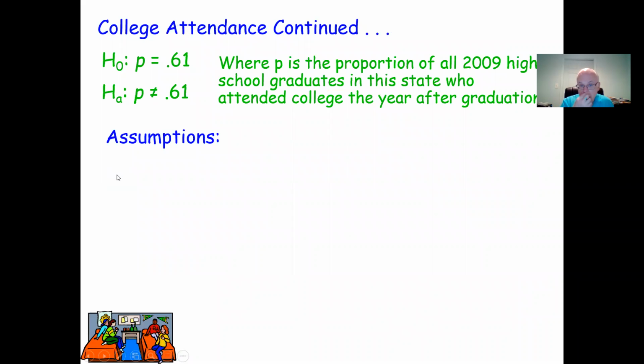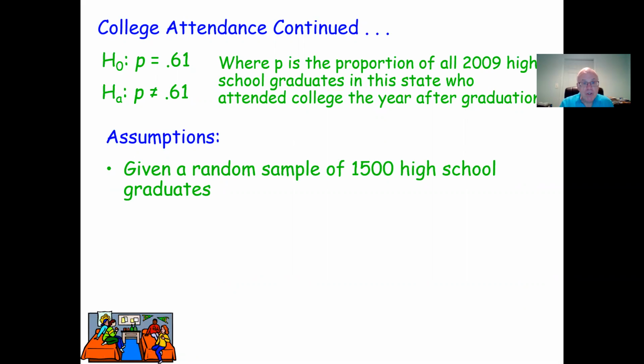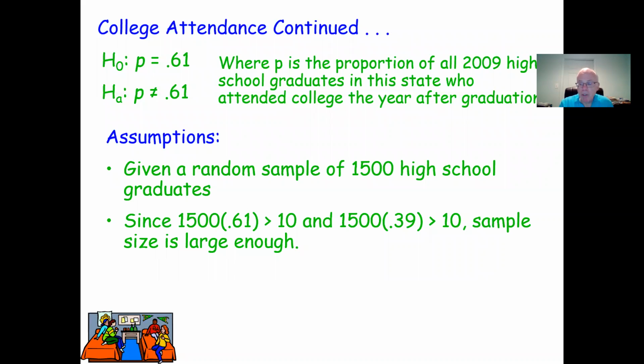Okay. So, the assumptions: random sample. Yep, that's good. We want to double check that we can use the normal distribution for our sampling distribution. And the answer is yes, because if we multiply 1,500 times 0.61, we're going to get over 900. 1,500 times 0.39, we're going to get a little bit less than 600.